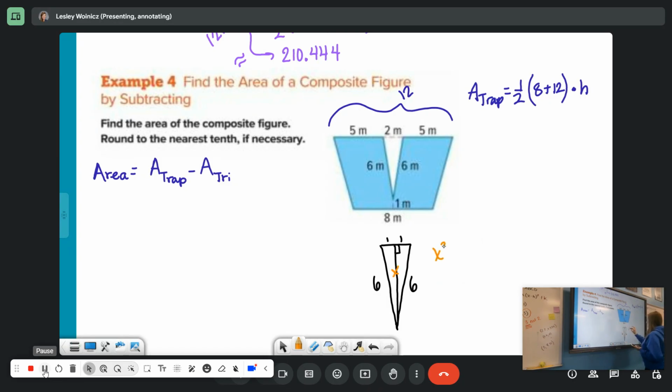So x squared is going to be 6 squared minus 1 squared. So x is 36 minus 1, 35. So x is going to be the square root of 35.